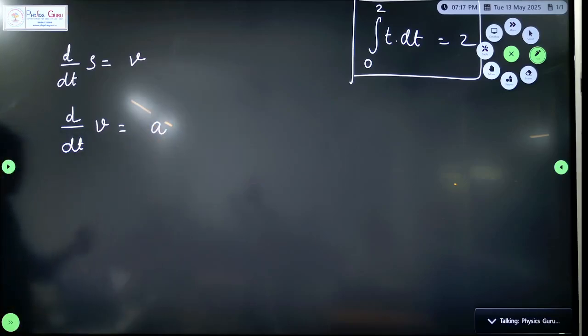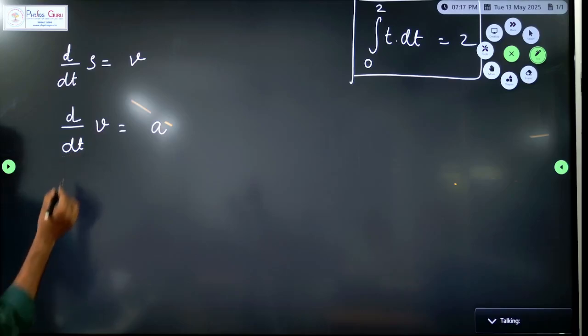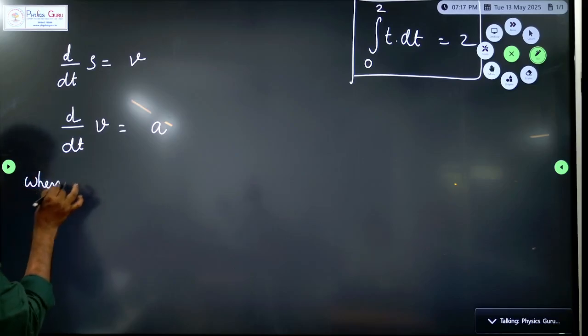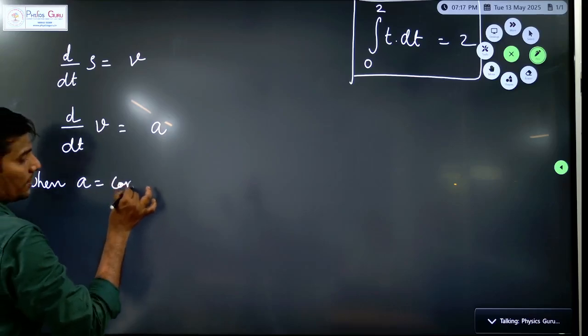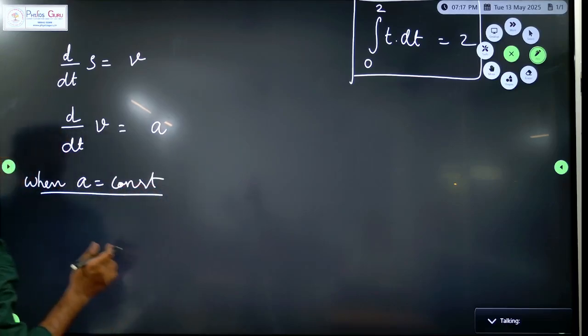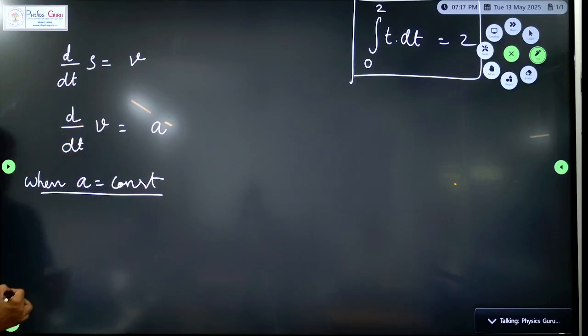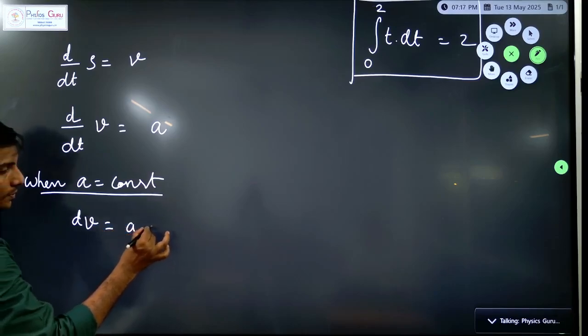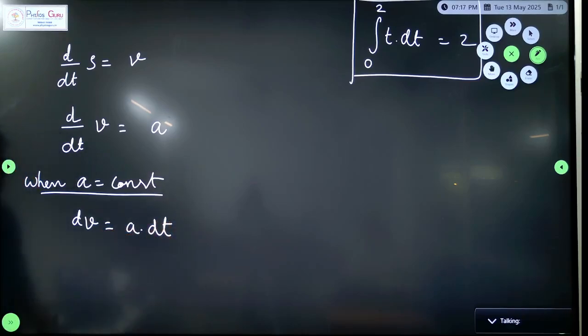I hope you remember this. Correct? Is that right? Now, when acceleration is equal to constant, I am going to use this law of integration. Can I write dv is equal to a dot dt? Can we?